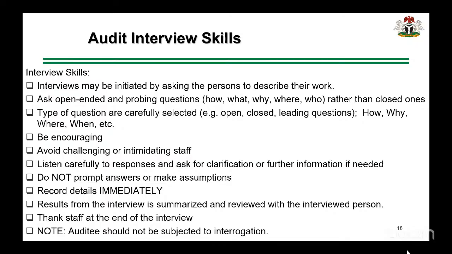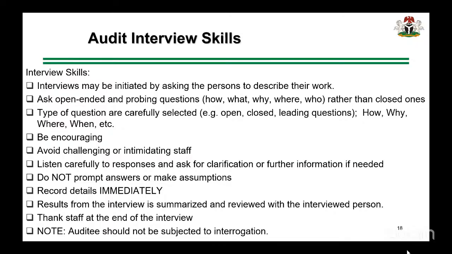Ask open-ended and probing questions: how, what, why, where, who, rather than closed ones that can be answered with a yes or a no. The types of questions carefully selected should include open questions, closed questions, leading questions. How, where, why. Not 'do you do this', yes or no. Those are closed-ended questions.